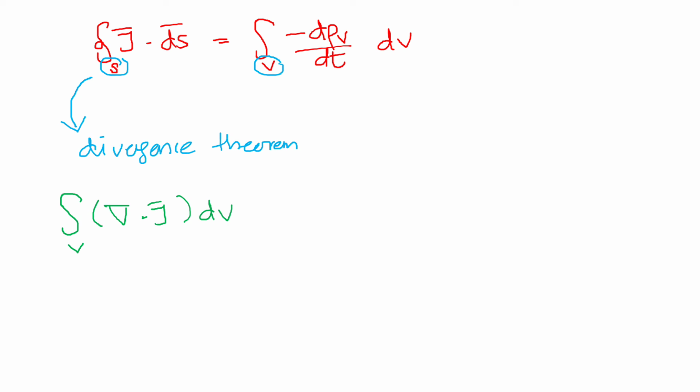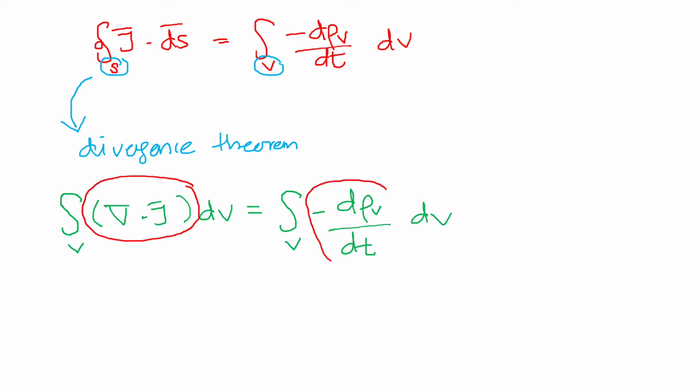is equal to the integration of negative d rho v over dt dv. So now to proceed, I'm going to take the inner part of this only.